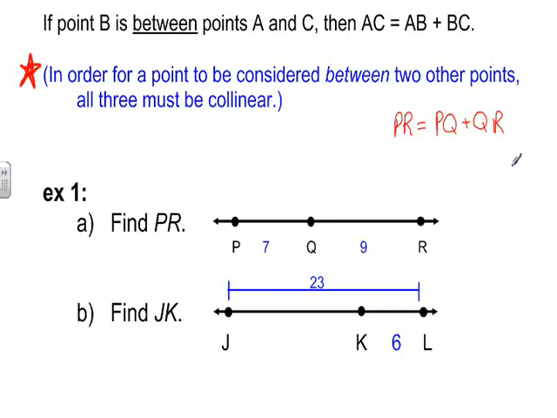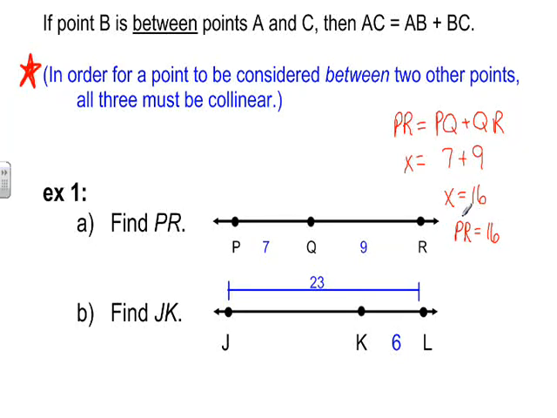And now all I'm doing is filling in the blanks. PR is what I'm looking for. That is not given, so I'll call this X. PQ has a length of 7, and QR has a length of 9. Solving the equation, X is going to equal 16. And since X represents PR, PR is equal to 16.